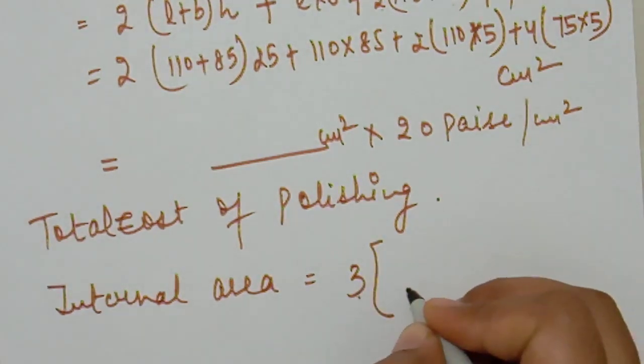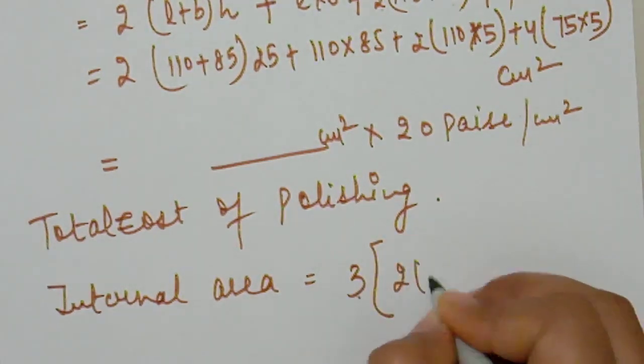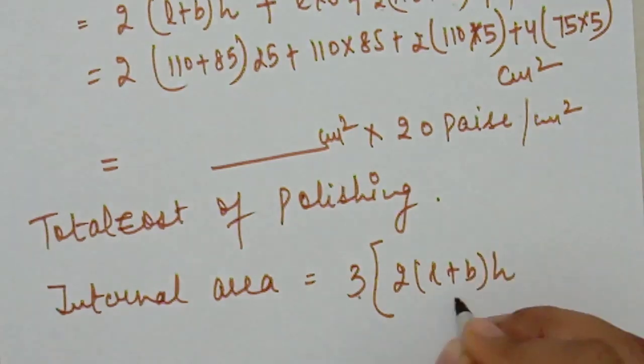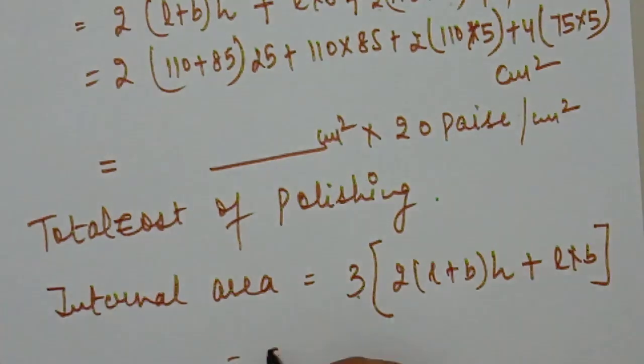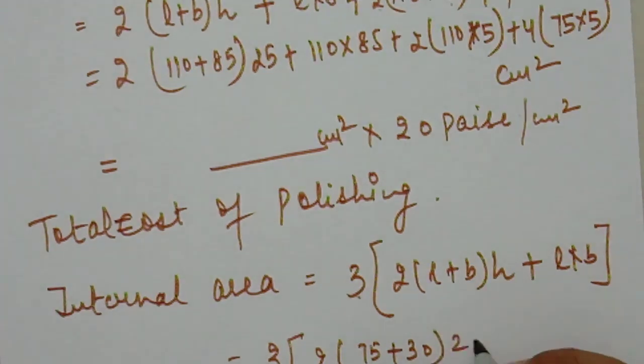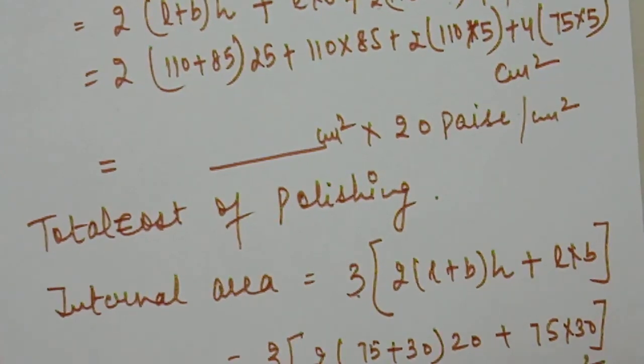First box, we have 5 faces, so we will take 2 into (L plus B) lateral area, plus L into B, the backside area. 3 into 2 into (75 plus 30) into 20 plus 75 into 30 centimeter square.